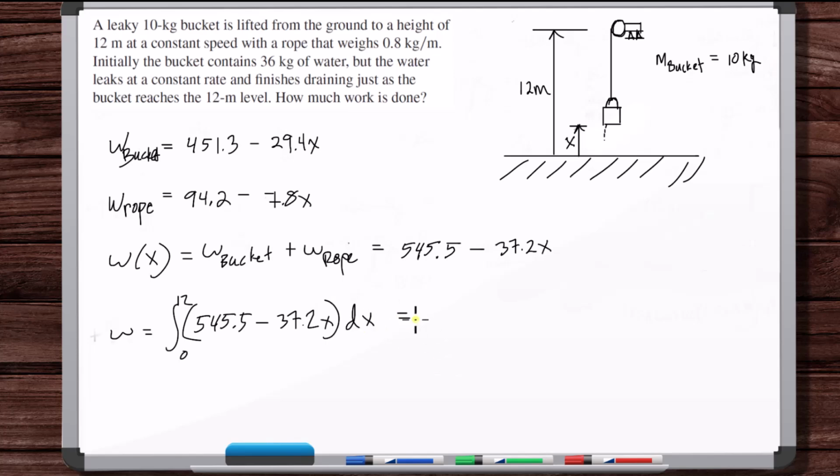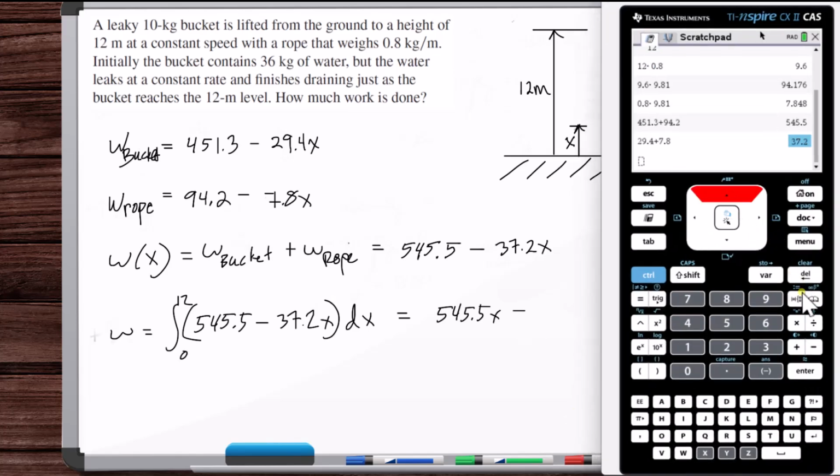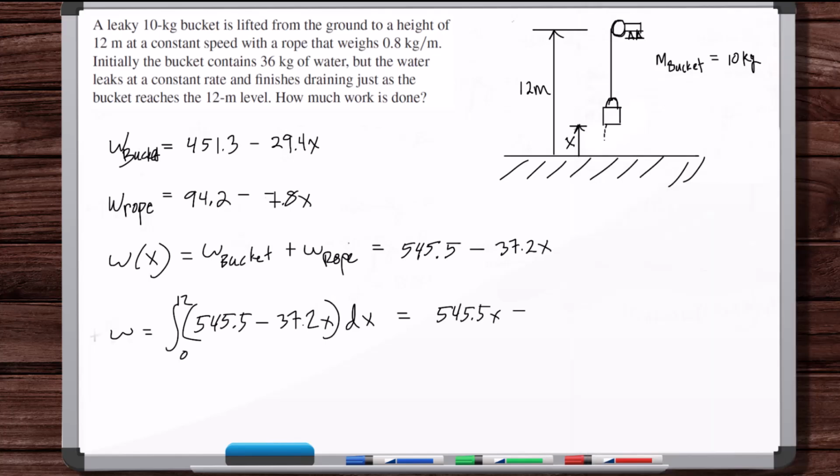Okay. So this is 545.5x minus 37.2 divided by 2, which is 18.6x squared. Integrate that from 0 to 12.